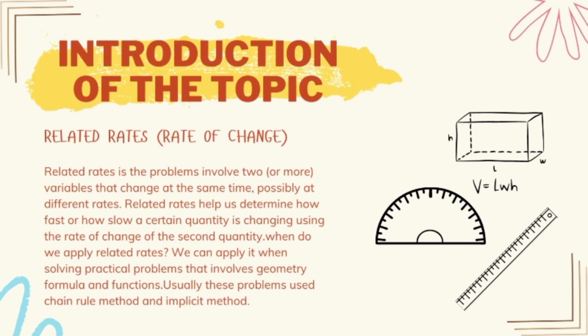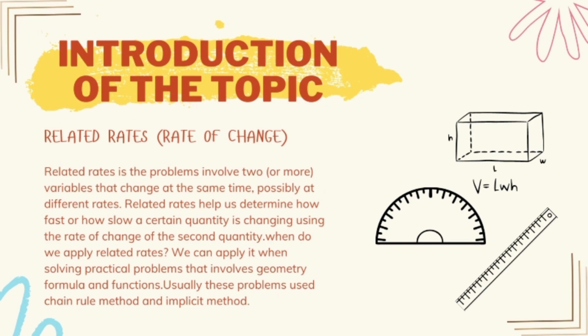I will explain to you about related rates. Related rates are problems involving two or more variables that change at the same time, possibly at different rates. Related rates help us determine how fast or how slow a certain quantity is changing using the rate of change of the second quantity.